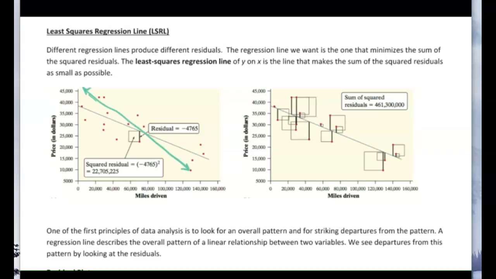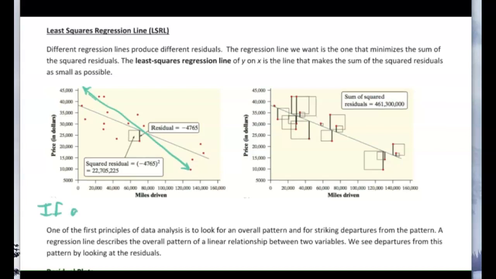Well, we're looking at those residual values. And if I were to take all the negative residuals and add all the positive residuals, I would get 0, because the best fit line should be just as much under the line as it is above the line. So if I add positive residuals to negative residuals, the total should be equal to 0.